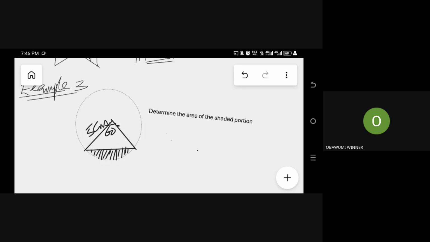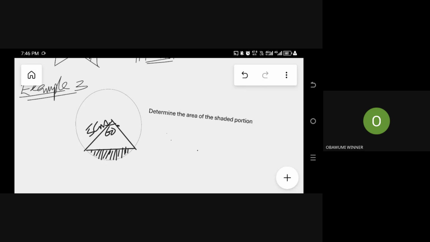So like I have told you, a segment doesn't have a fundamental formula. Its formula is derived. That's what I'm trying to show you here, how to derive the formula for a segment, which in this case happens to be the shaded portion.